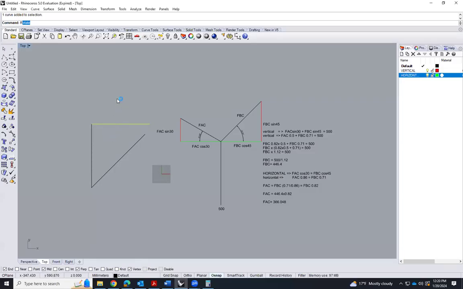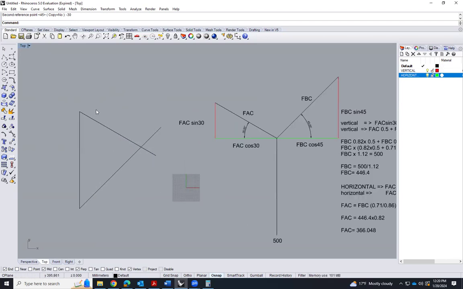And now I'm going to rotate this one. Well, if I have to go down, I have to type -30. So I have rotated this 30 degrees down, and I have rotated this 45 degrees up.